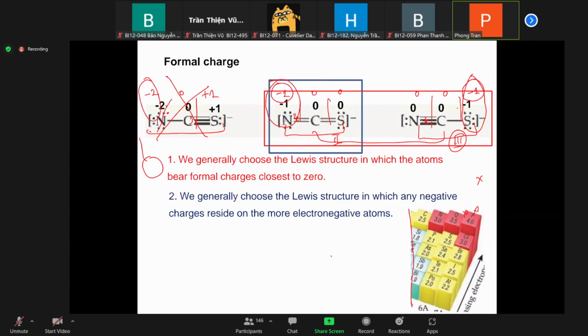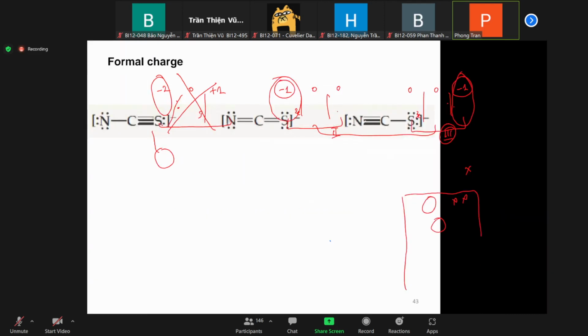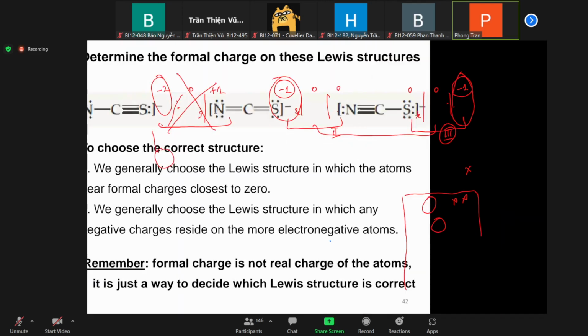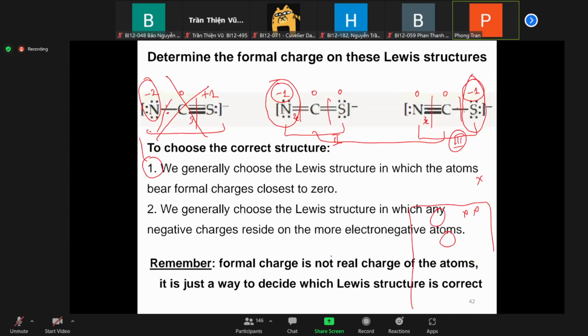Can you see the data here? You see that the nitrogen has an electronegativity of 3, and the sulfur has an electronegativity of 2.5. So that means the nitrogen is more electronegative compared with the sulfur. So when we go back, we can see that the negative charge is more likely localized on the nitrogen rather than on the sulfur.